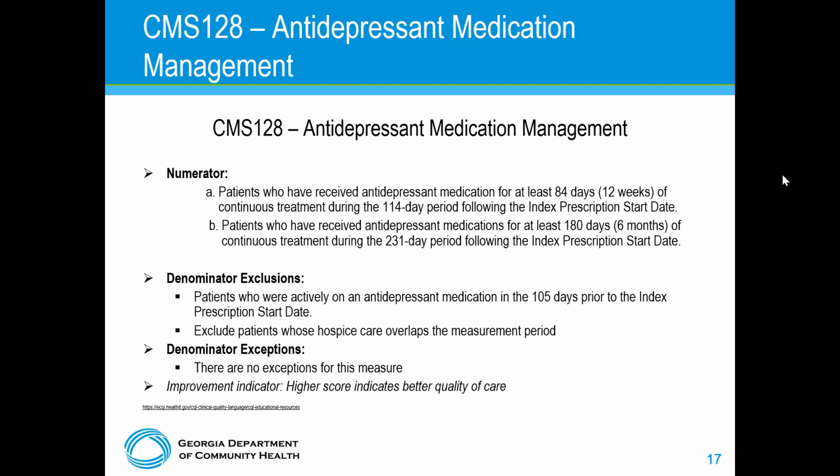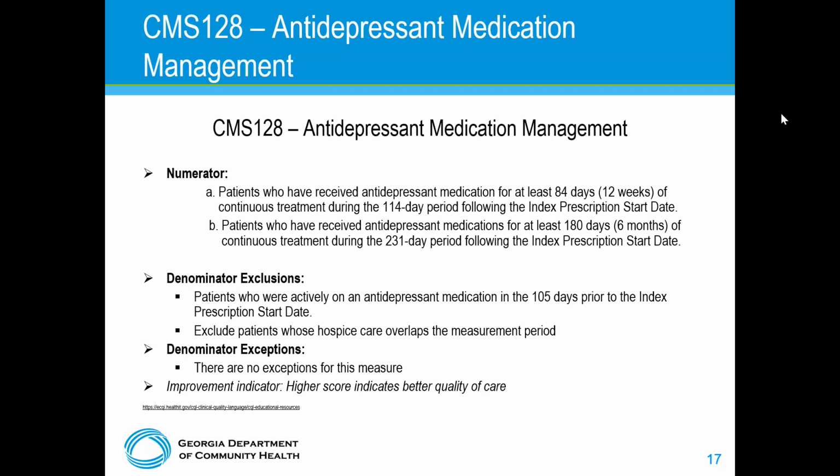For example, the prescription start date for this episode of major depression could be within the 9 months before the selected measurement period through the first 3 months of the measurement period. The diagnosis of major depression must occur either 60 days prior to or 60 days after the prescription start date.